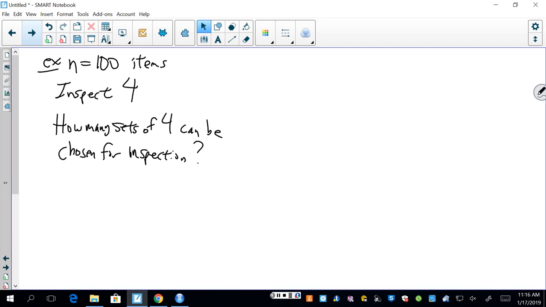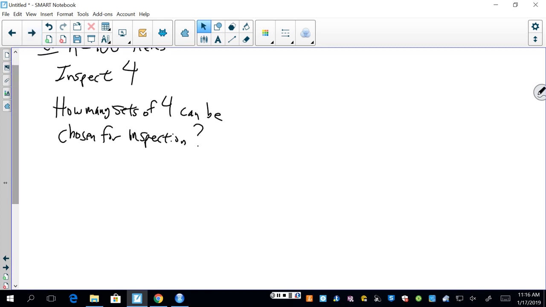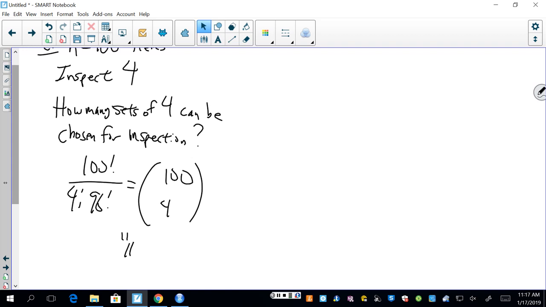How would we compute that? It's 100 factorial over 4 factorial times 96 factorial. So this symbol can be written as 100 choose 4. And so often it's presented as 100 factorial over 4 factorial, 96 factorial.